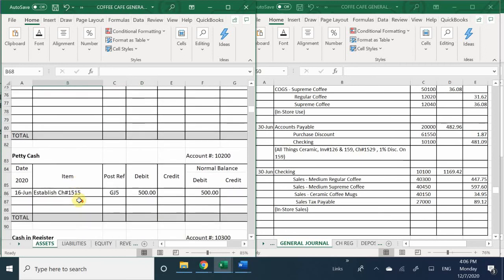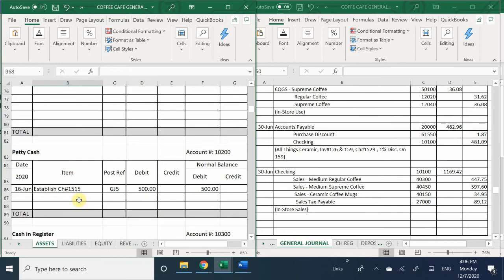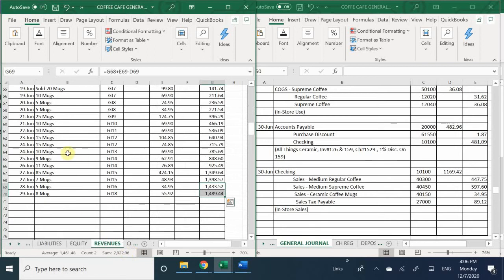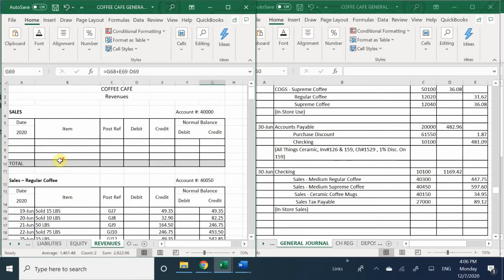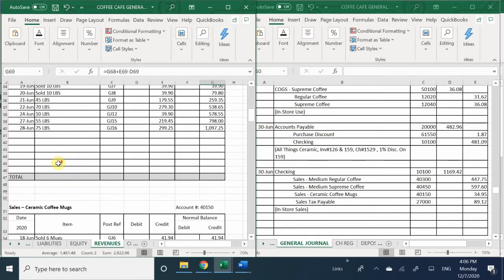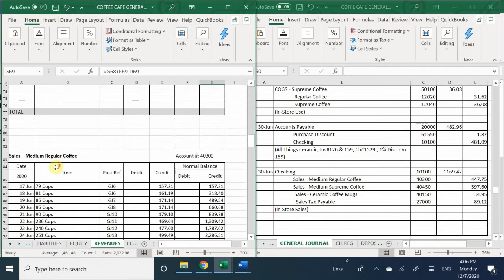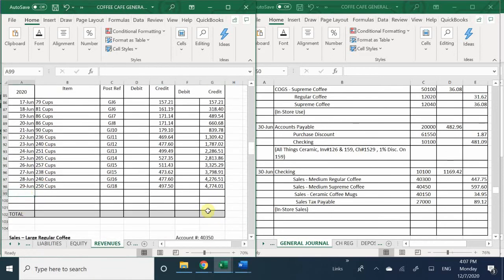Okay. What else do we have? We have to do our sales. Yep, sales medium coffee, which we had 225 cups.